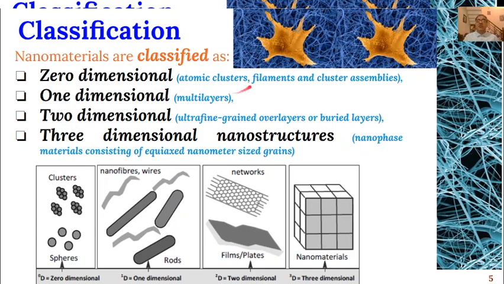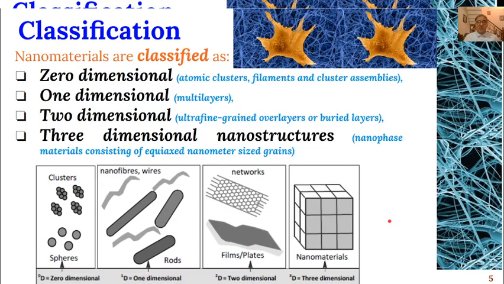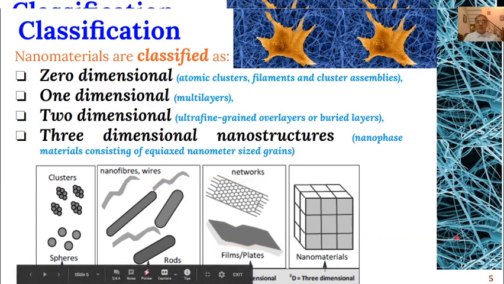As far as zero-dimensional is concerned, the atomic clusters, filaments, and cluster assemblies come under zero-dimensional nanoparticles. Then one-dimensional is the multi-layer nanomaterials. The nanofibers, nanowires, nanorods all come under one-dimensional nanomaterials.